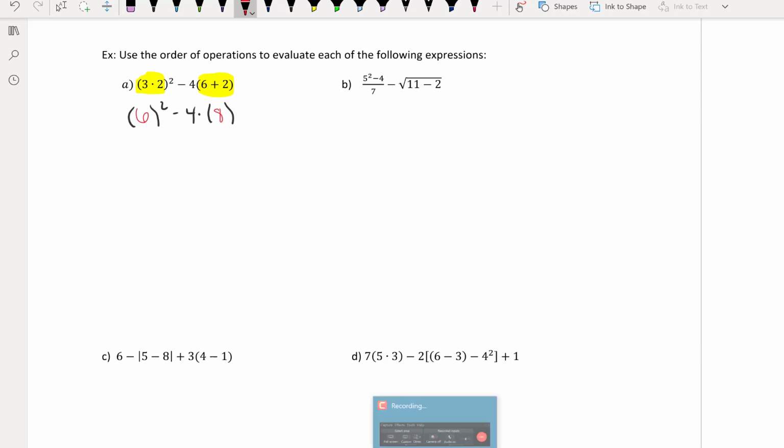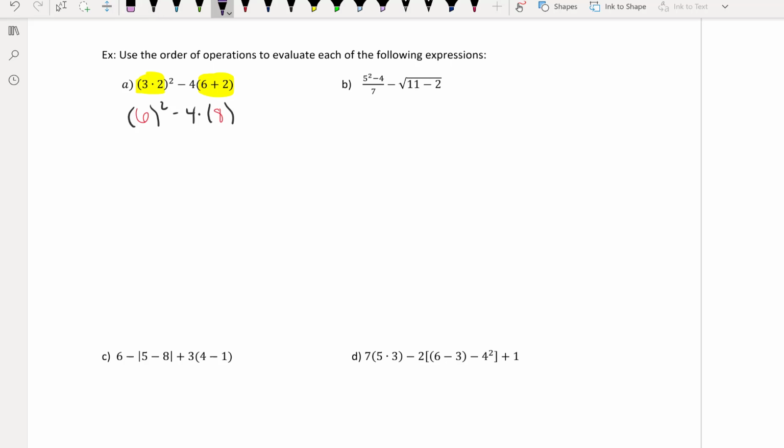Even though I simplify the inside of the parentheses, I'm going to leave it there because it's multiplication with the 4. I don't want to drop it until I actually complete the multiplication. So now this is saying 6 squared minus 4 times 8. In order of operations, the exponent is going to go second.